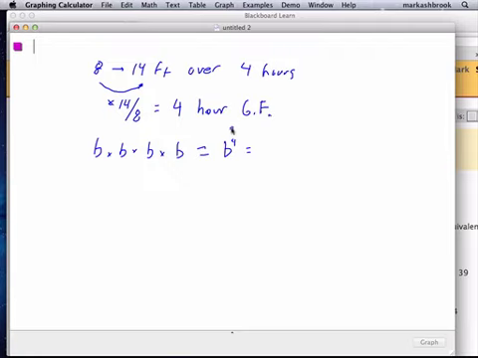This is our image of repeated multiplication, right? If I multiply the hourly growth factor 4 times, I've advanced the output how far? 4 hours. So b to the 4th is the same as 14/8, the 4-hour growth factor. Do you see that? And so what is our hourly growth factor?